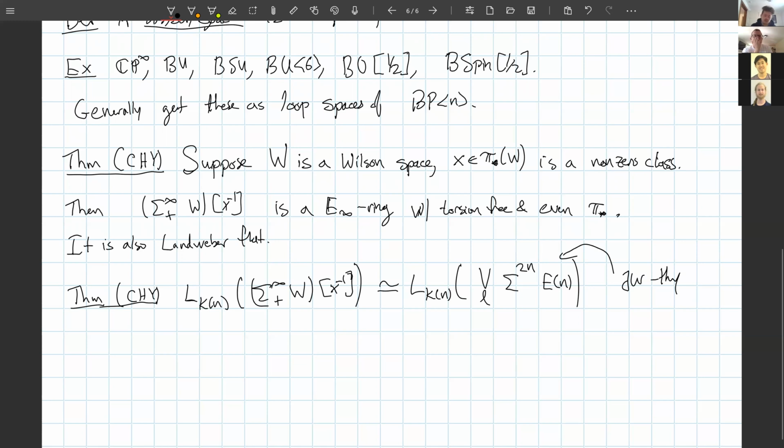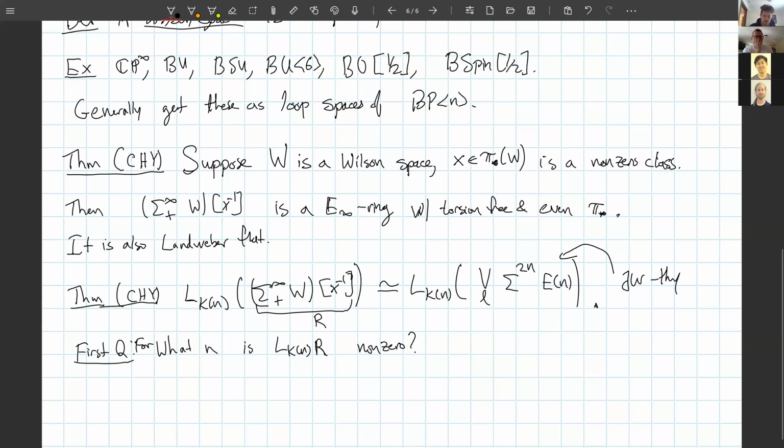So the first question, assuming we know this, is: when is the K(n)-localization 0? For what n is the K(n)-localization of, I'm just going to call this thing R, non-zero?